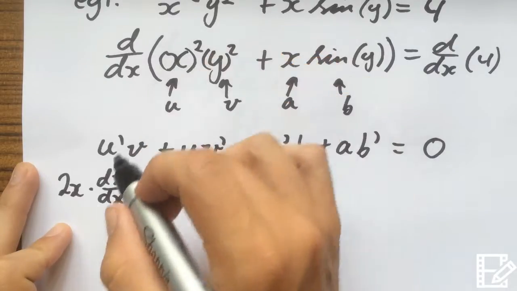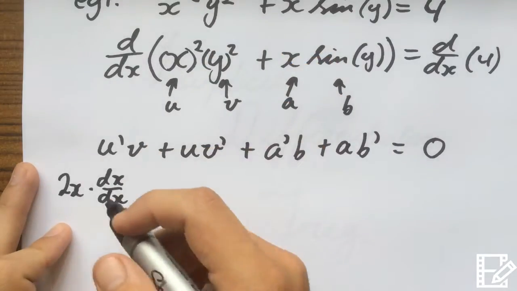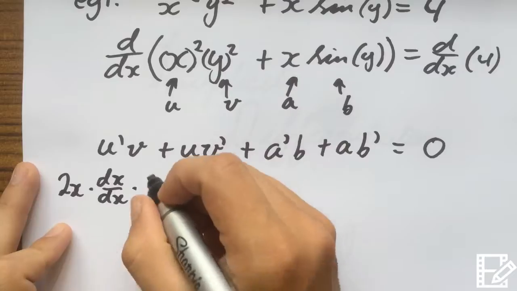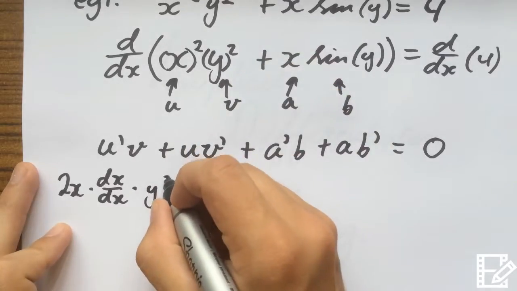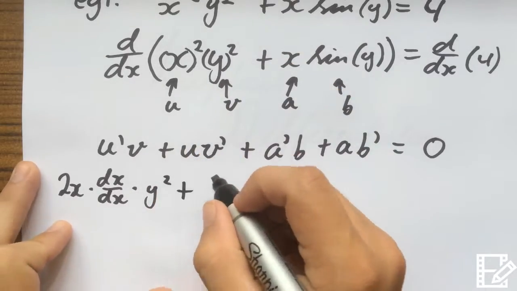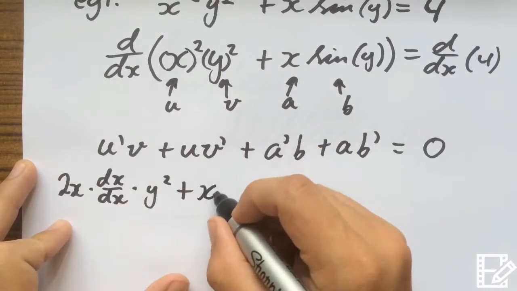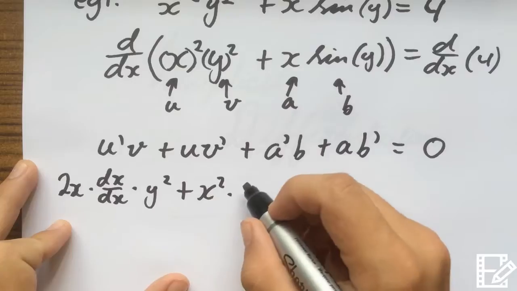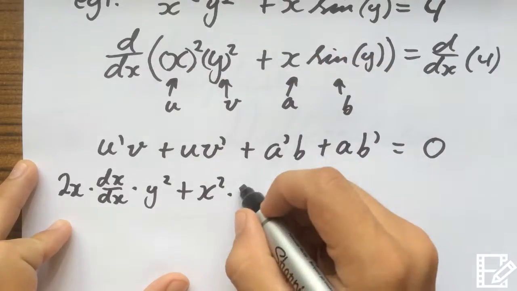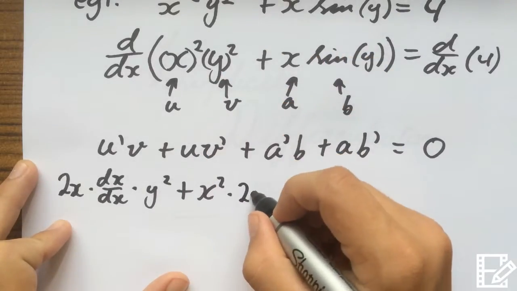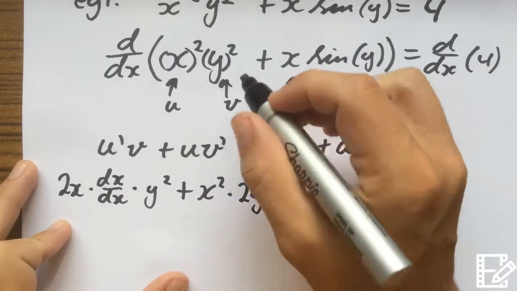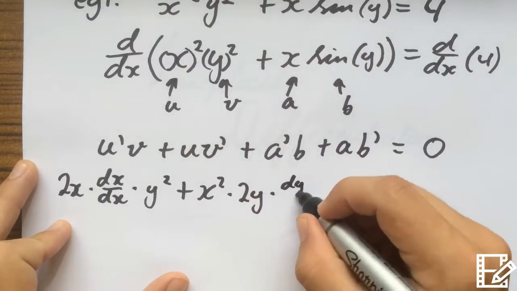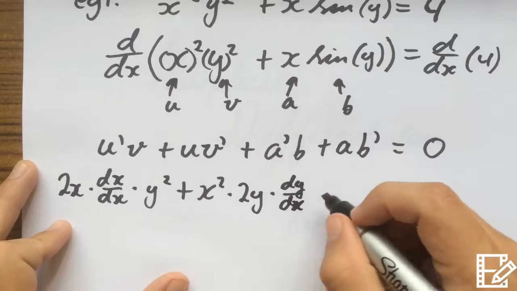The derivative of x with respect to x is 1, but we just write that step anyway, multiplied by v, which is y squared, plus u, which is x squared, multiplied by the derivative of v. Same step, the derivative of y squared is 2y, then we multiply by the derivative of the inside, which is dy dx.